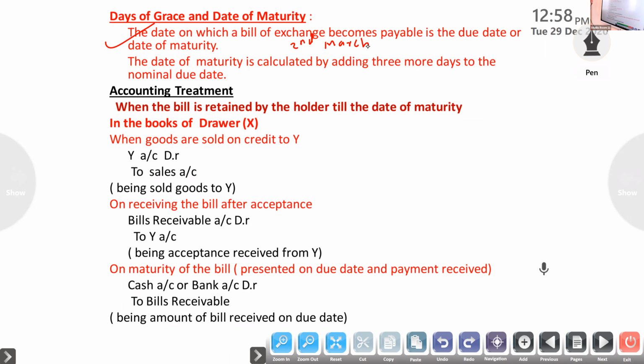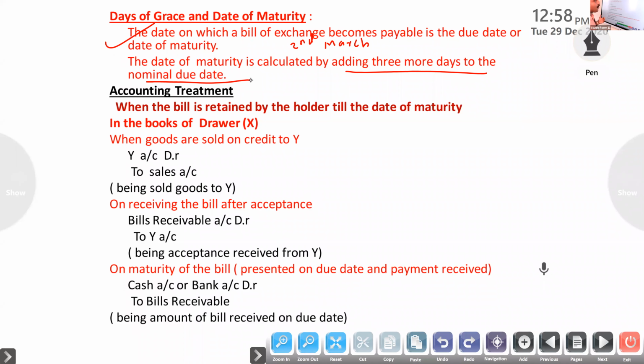So what do you mean by days of grace? The date of maturity is calculated by adding 3 more days to the nominal due date. This is very important. Adding 3 more days to the nominal due date is called days of grace.